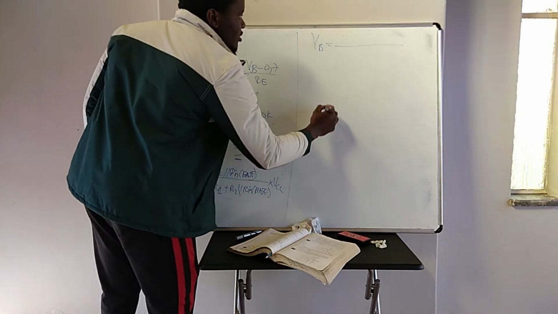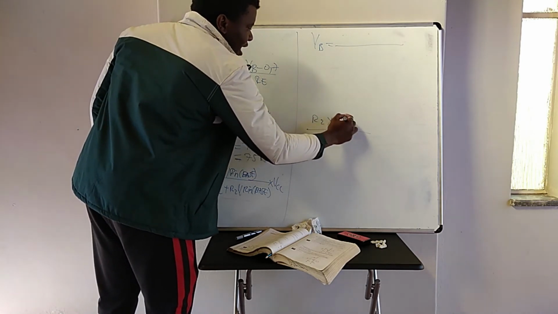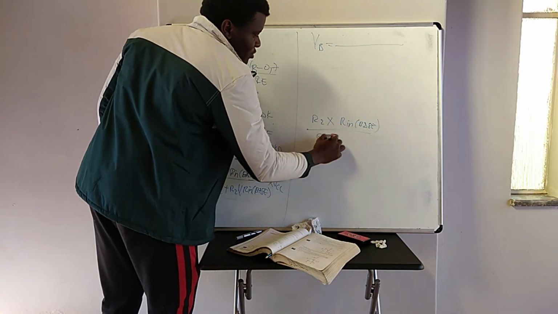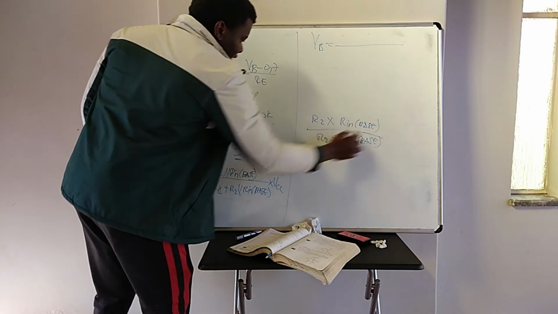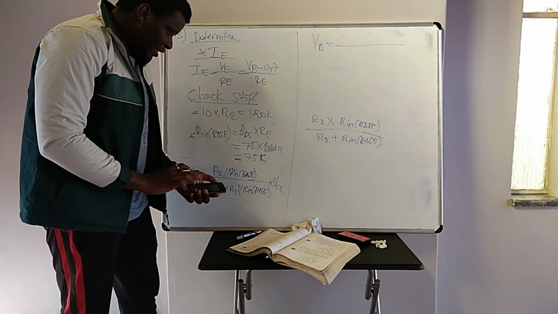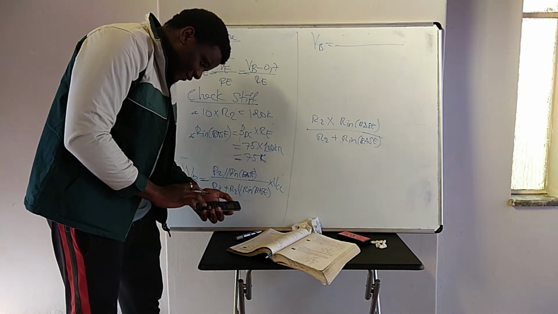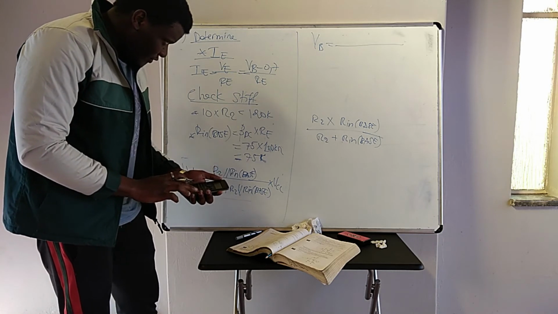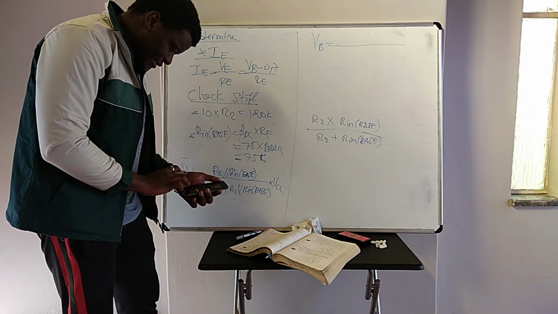For those who forgot, you calculate it like this: R2 times R in base, over R2 plus R in base. This is how we calculate this upper part. R2 is 12 times R in base, which is 75, over 12 plus 75.